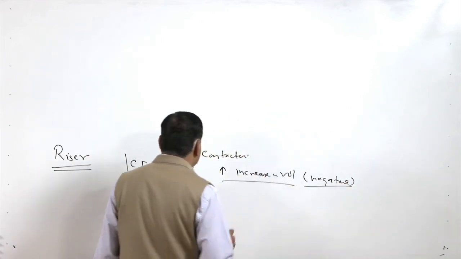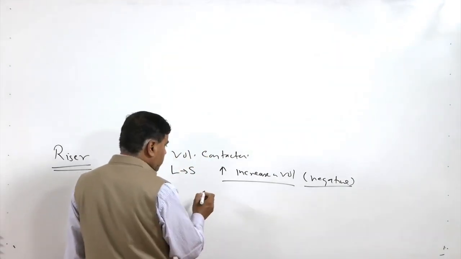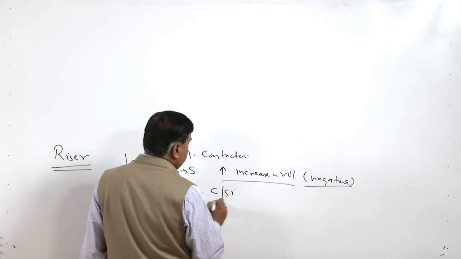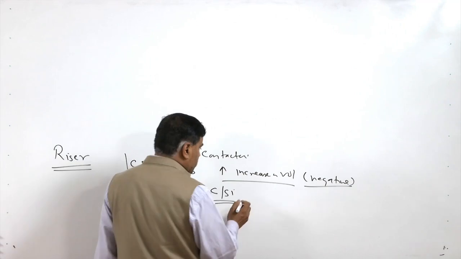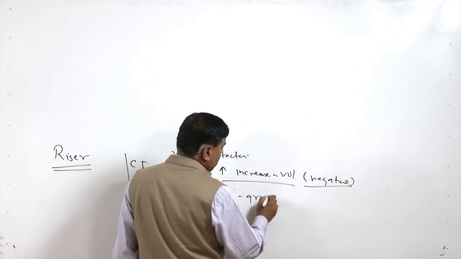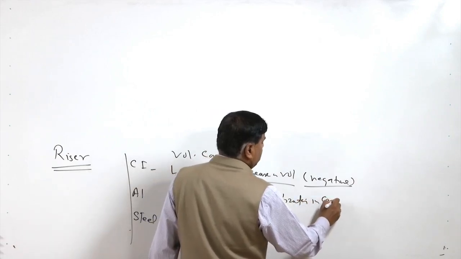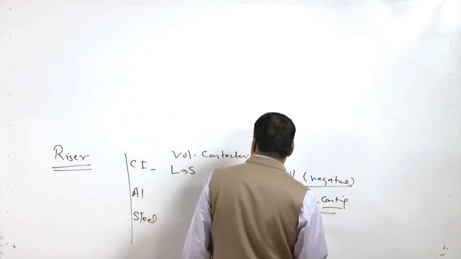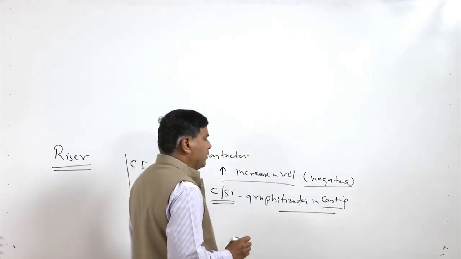So, in this situation risering is not crucial, and this happens primarily because of the carbon and silicon presence. When they are present in the appropriate proportion, the graphitization in the casting of the cast iron takes place, which leads to the increase in volume of the casting.